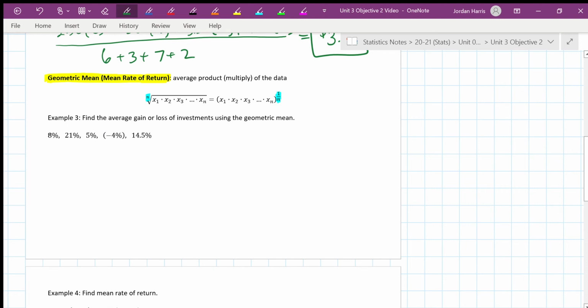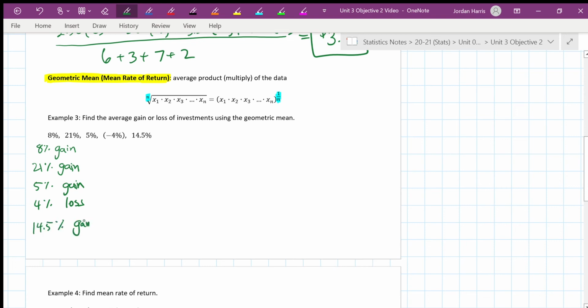So when we have percents, the positives are gains, the negatives are losses. So I have an 8% gain, a 21% gain, a 5% gain, a 4% loss, and a 14.5% gain.